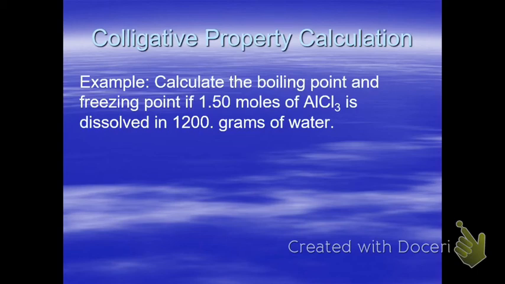So let me write up at the top the formula that we're going to use. Delta T equals iKm. First things first, let me do this off to the side. Let's calculate the molality.